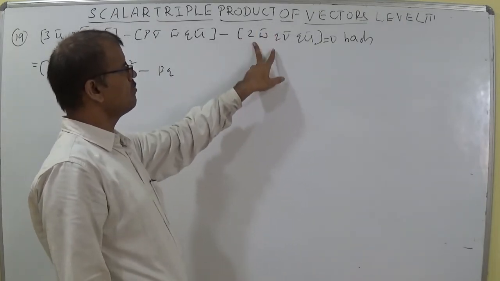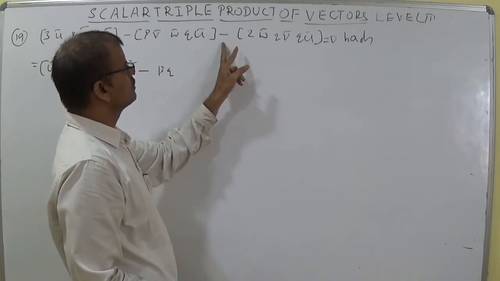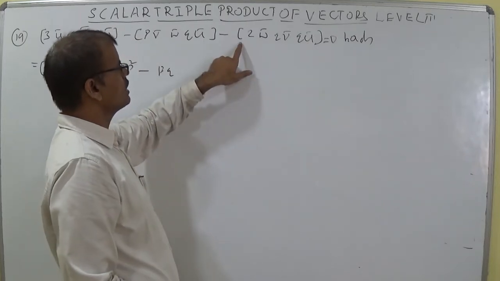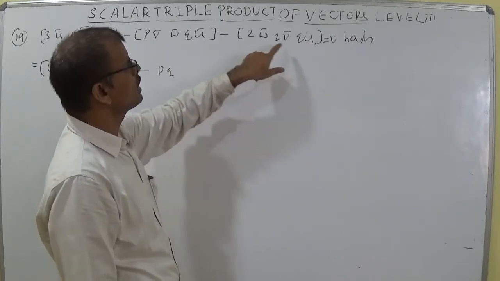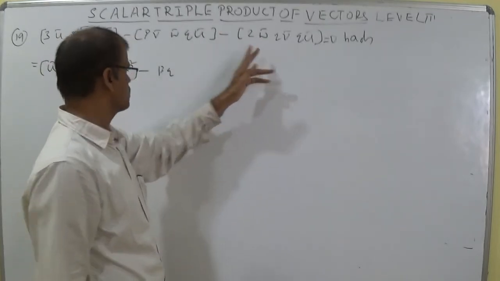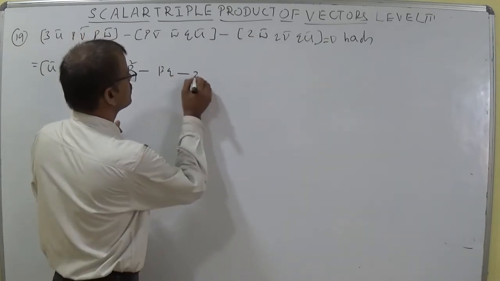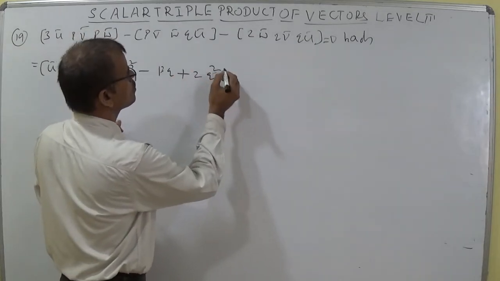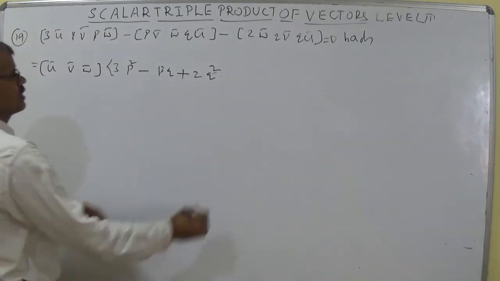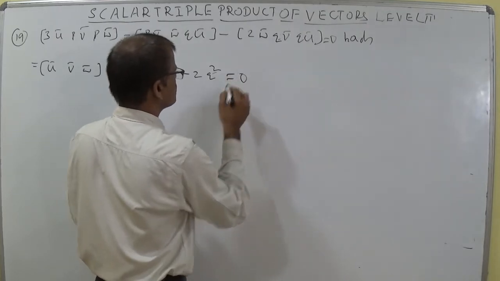But W and V you should change once again. Whenever you change 2 times, minus becomes plus. If you write the value, it becomes UWV, minus like that, and you should again change to get UVW, so minus becomes plus. So you can write here 2Q square, because 2 Q's are there. 2Q square equal to 0.